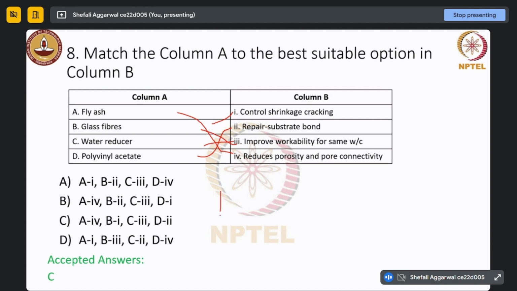In the shrinkage chapter we have read that if we are using fiber in our concrete, it will help in preventing shrinkage because it will help to bind the concrete together. Sorry, it won't prevent shrinkage, but it will prevent cracking due to shrinkage. Glass fibers will actually enhance the structural strength of the concrete.